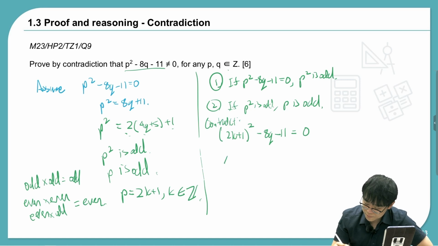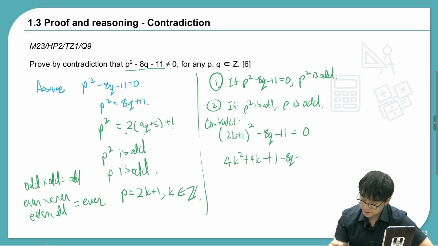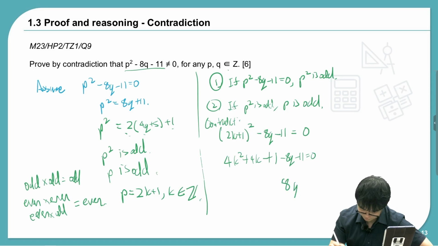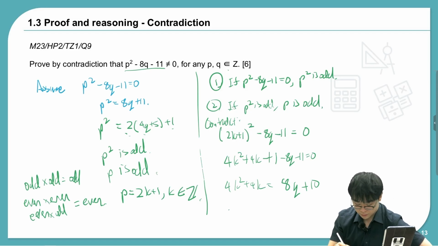If we expand this, we get 4K squared plus 4K plus 1 plus 1 minus 8Q minus 11 is 0. Let's move everything to the right. So we get 8Q plus 10 is equal to 4K squared plus 4K. Then we can divide by 2, so we get 2K squared plus 2K is equal to 4Q plus 5.